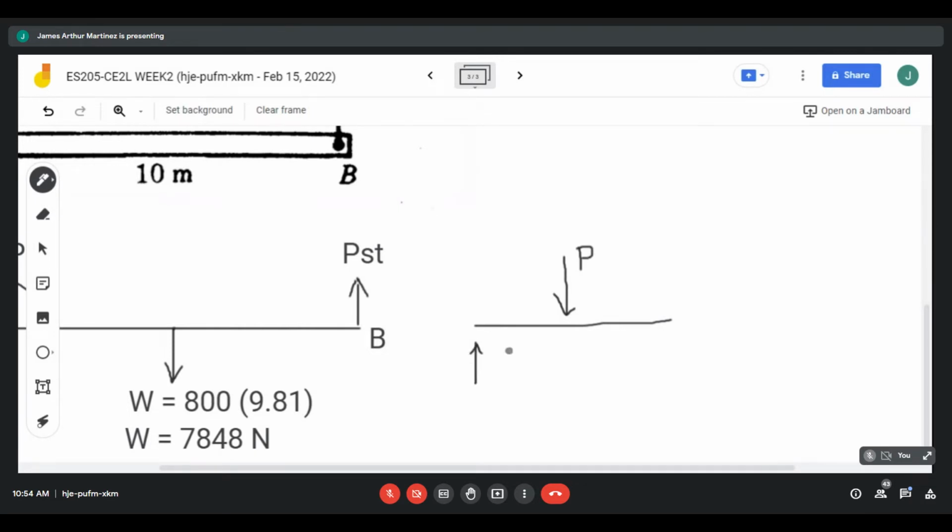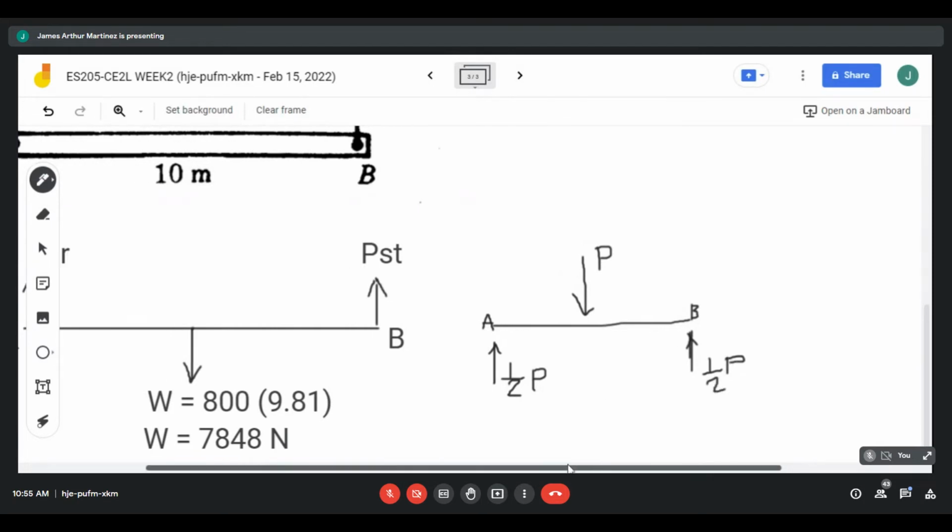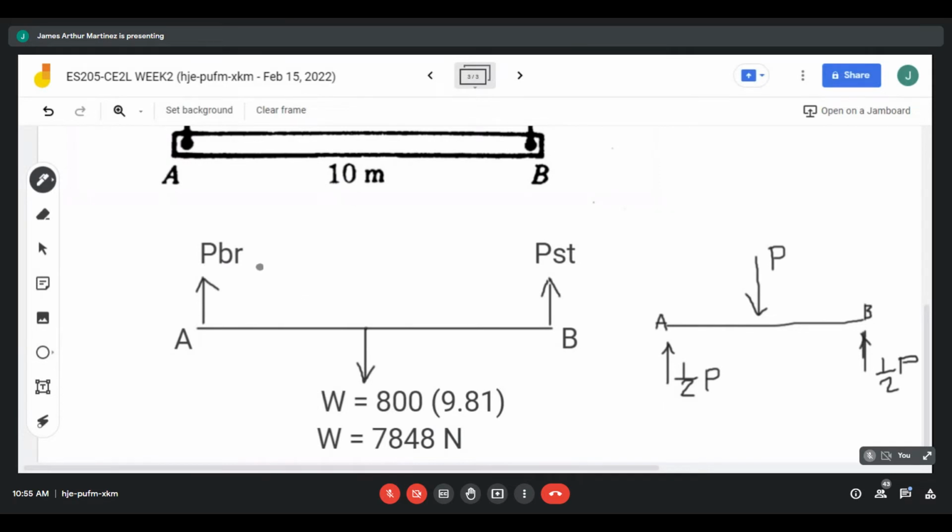So ang shortcut ana, since symmetrical ang iyahang figure and ang iyahang loading, safe lang na to i-assume that the reaction at point A, let's say this is point A and point B, is just one half of P, and the reaction also of point B is one half of P. So in this case, PBR and PST is just equal, which is one half of W.